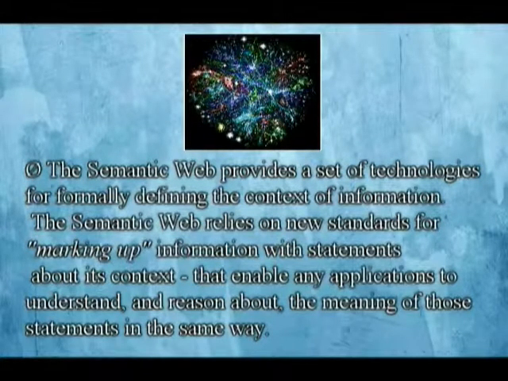The semantic web relies on new standards for marking up information with statements about its context that enable any applications to understand and reason about the meaning of those statements in the same way.